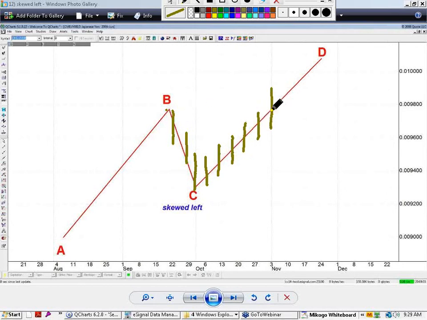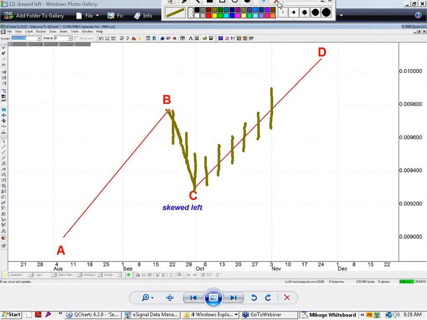So we know that this took this long to get down here, but it would take twice as long to recover, so to speak, to go on its way up to point D. This is what caused point C to be skewed to the left. It's a quick drop relative to the recovery.